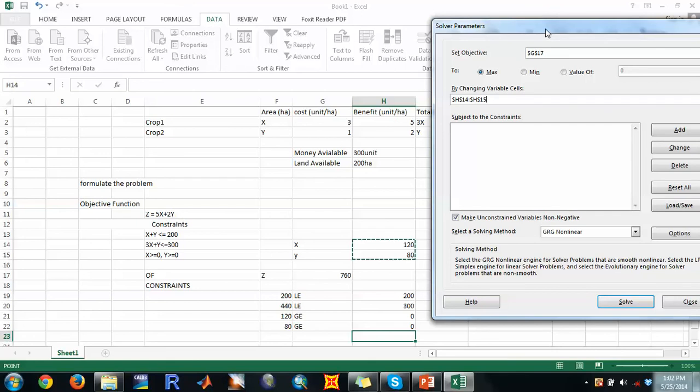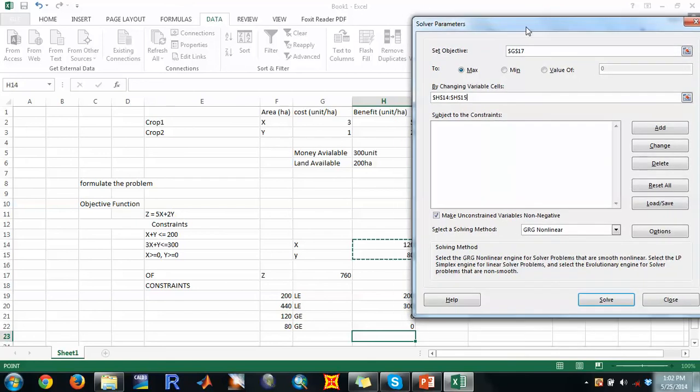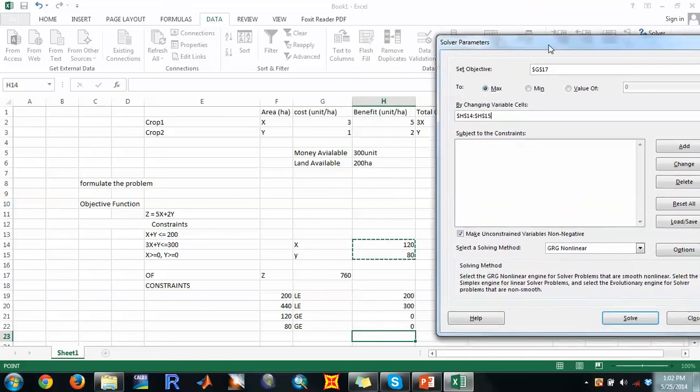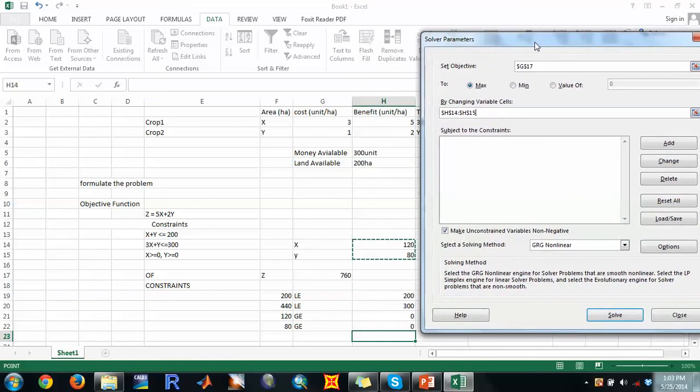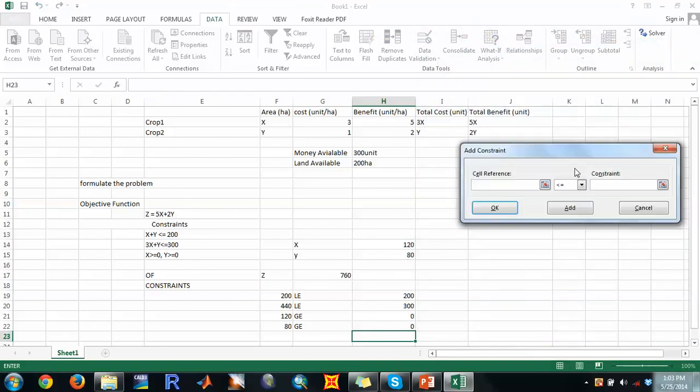Then for that you have to enter the constraints. To add your constraints, you can just come here and say Add. This is the constraint box. The first constraint is that x plus y should be less than or equal to 200, and then say Add.